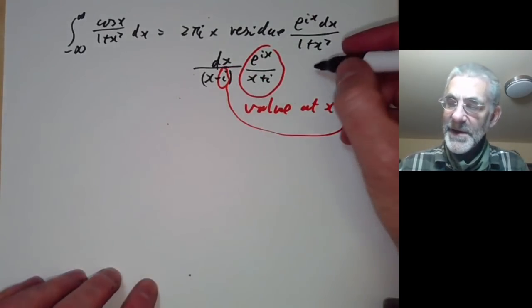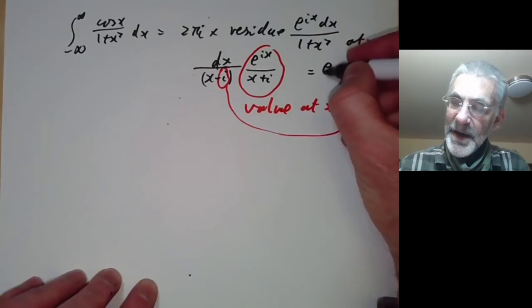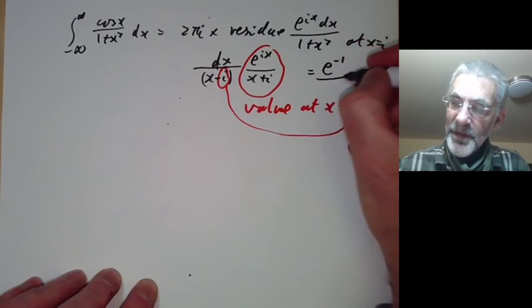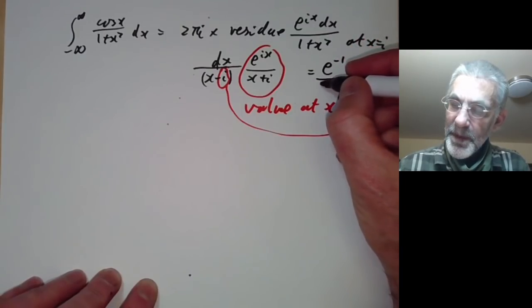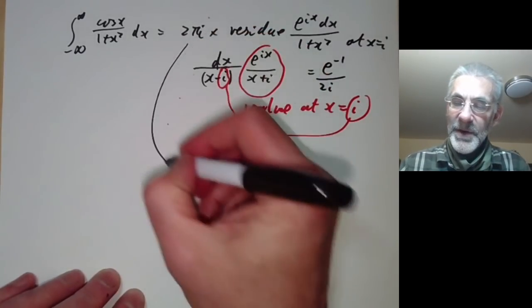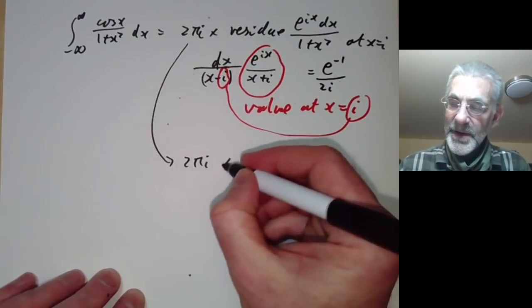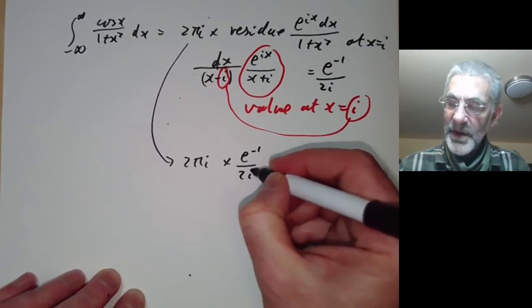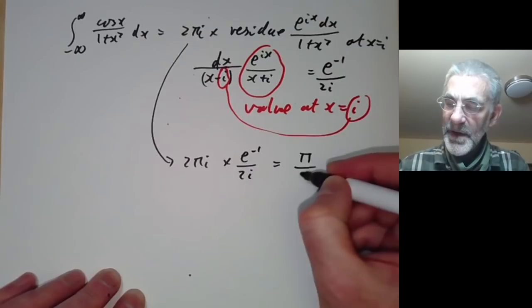And that's easy. Well, this is just e to the minus 1 over 2i. So this integral here becomes 2 pi i times e to the minus 1 over 2i, which is equal to pi over e.